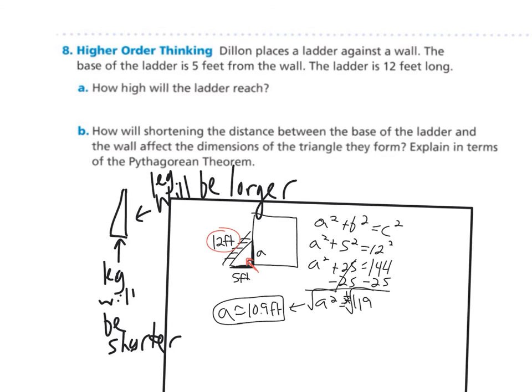So, this was 10.9 feet that it could reach up. The closer we get to the wall, the closer to 12 feet that's going to be. Again, for stability purposes, we really don't want to have the ladder going close to or straight up and down, because then it's just going to fall when we stand on it. So this gives you an idea about understanding the Pythagorean theorem.